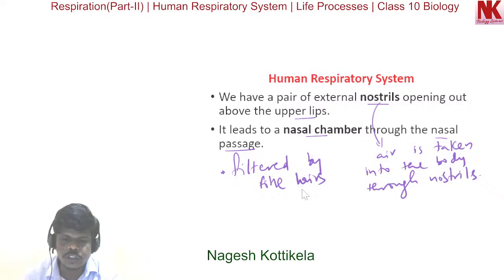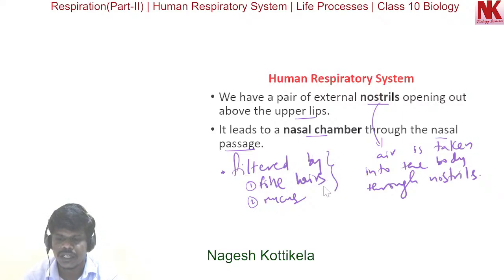And also the passage is all lined with mucus, which helps in this process. So it is filtered by the fine hairs present in the passage, and also there is mucus in this passage. They play a very important role in filtering the air.